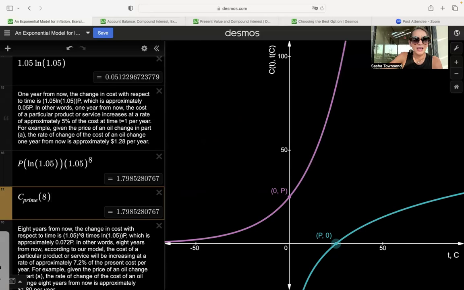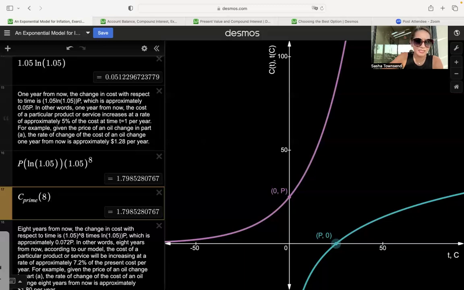Then we evaluate at a particular value of t, and we get 1.798, or if we round, $1.80. So for that oil change that starts at $24.95, the rate of change 8 years from now is expected to be $1.80 per year.